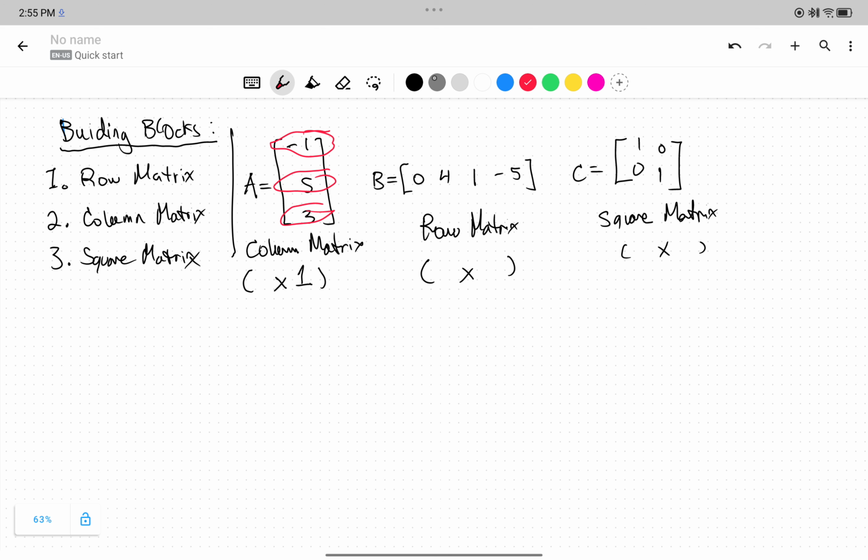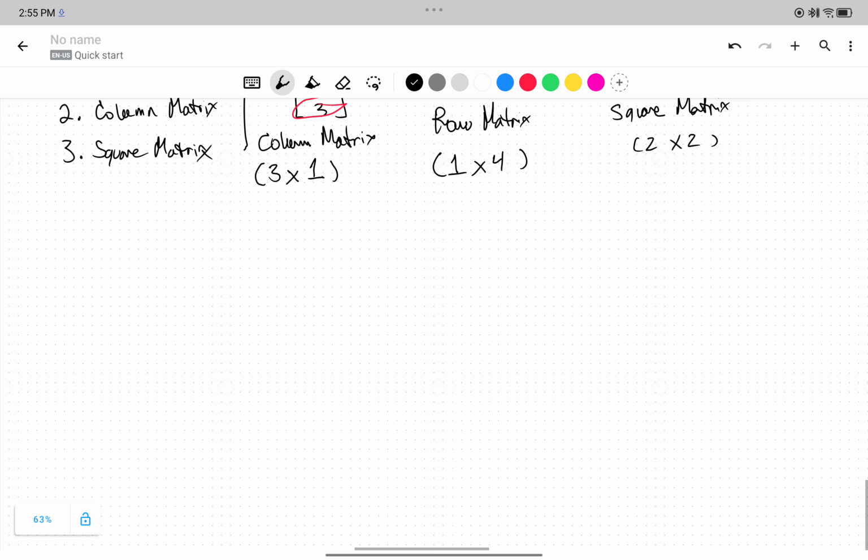So this is 3 rows, 3 by 1. What about B? It's only 1 row, but how many columns? Again, a column can have a number by itself, so every number by itself is a column: 1, 2, 3, 4. 4 columns, a 1 by 4. This one has 2 of each, 2 rows, 2 columns. All right, so those are the building blocks.